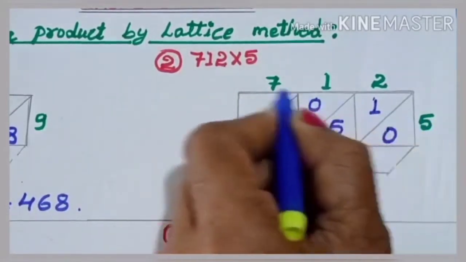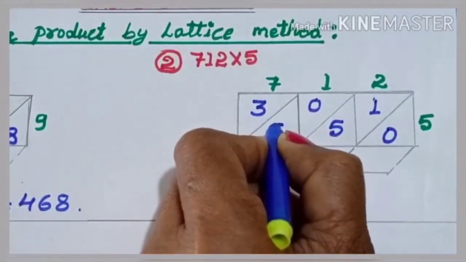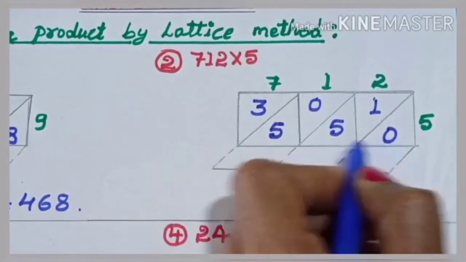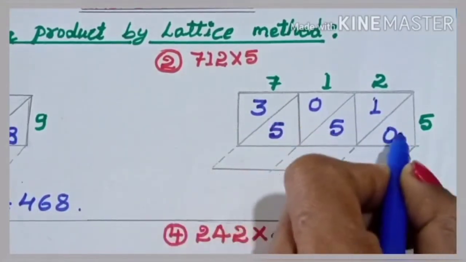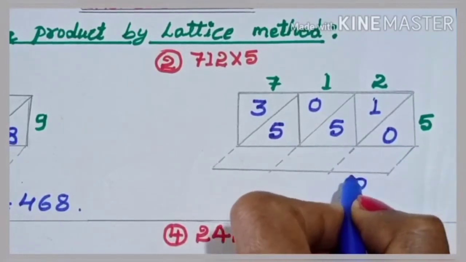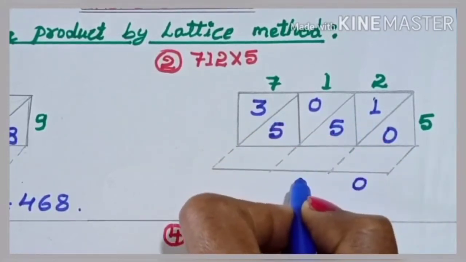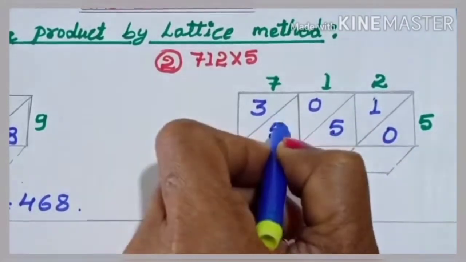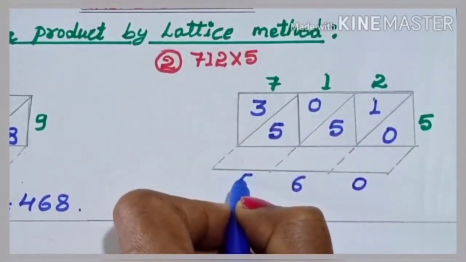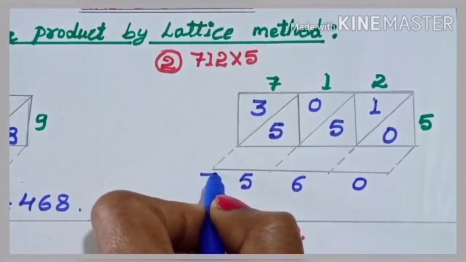Now 5 sevens are 35. Write 35 in the box. Now add. First of all, units. Write 0. Now add the tens. 5 plus 1 is 6. 5 plus 0 is 5. And write 3 as it is.